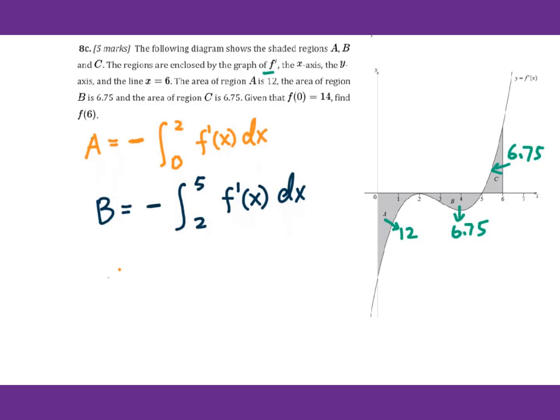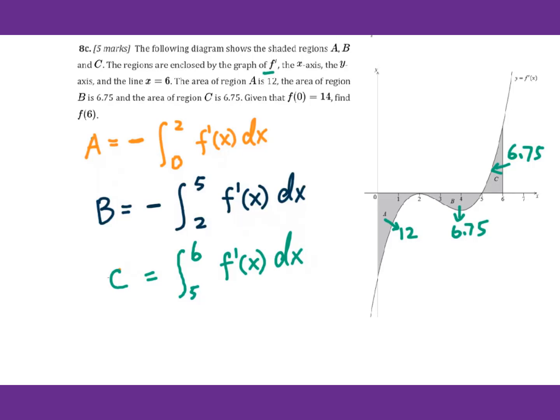For C, this will be itself because above the x-axis is positive. So we have the integral from 5 to 6 of f prime of x dx.